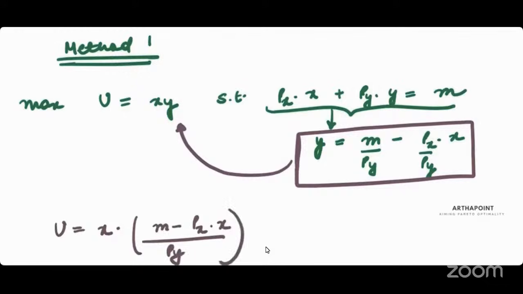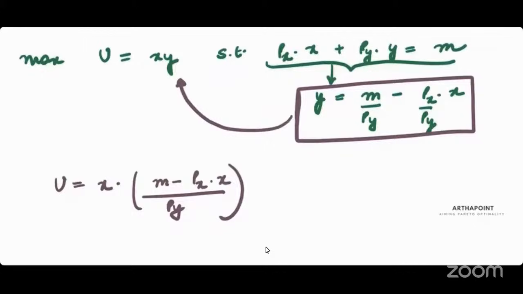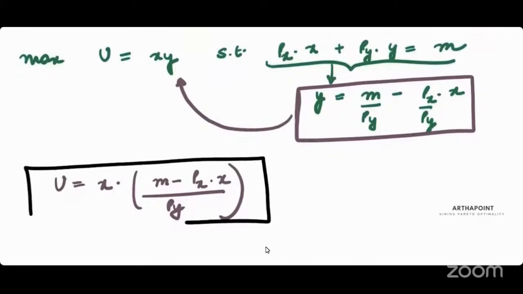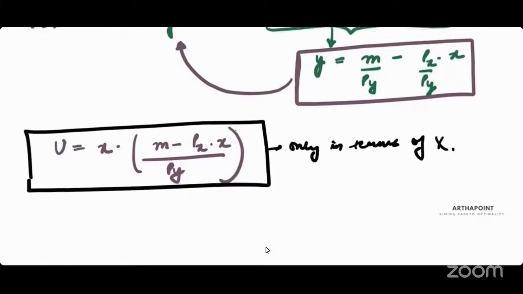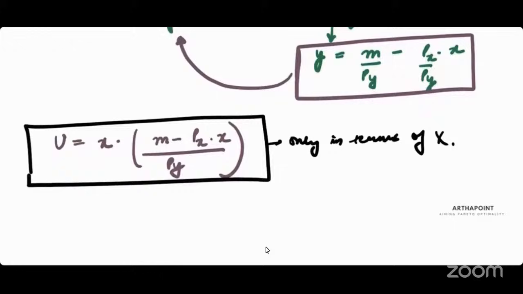So from the budget line, you bring one variable in terms of other, and then substitute it in the utility function. Notice that the entire utility function is now only in terms of x. And now you will do basic optimization.